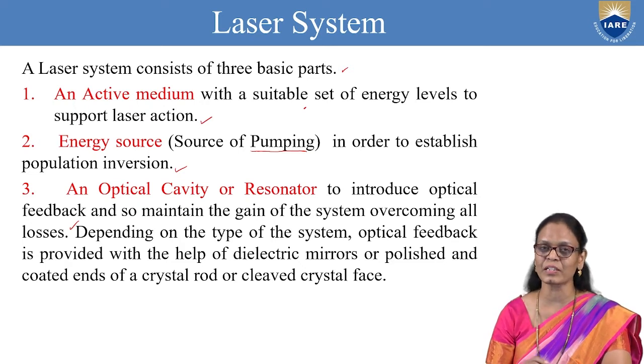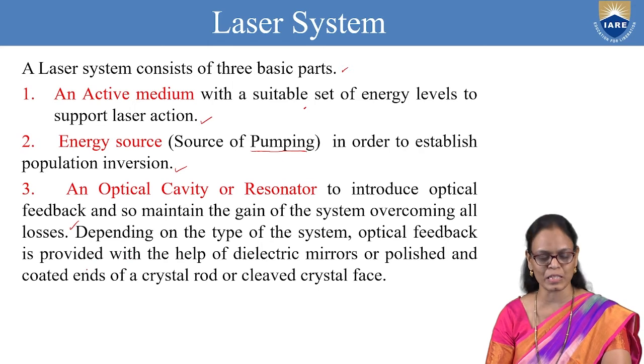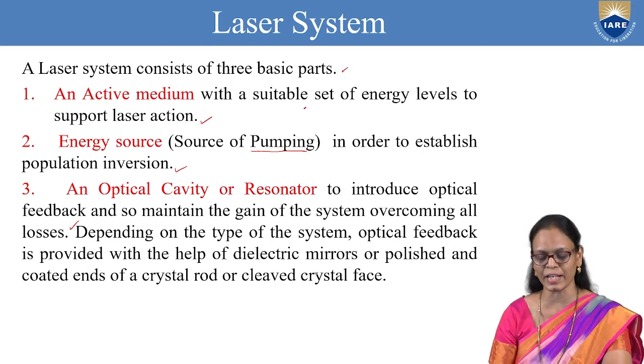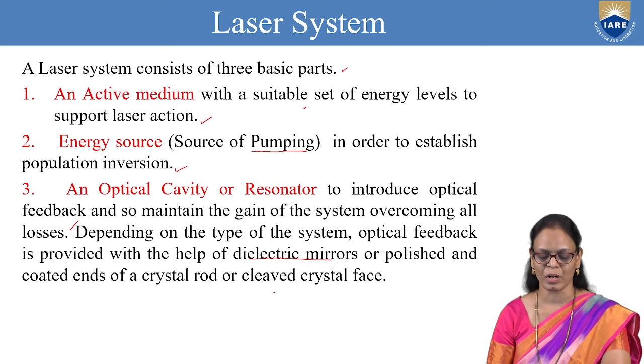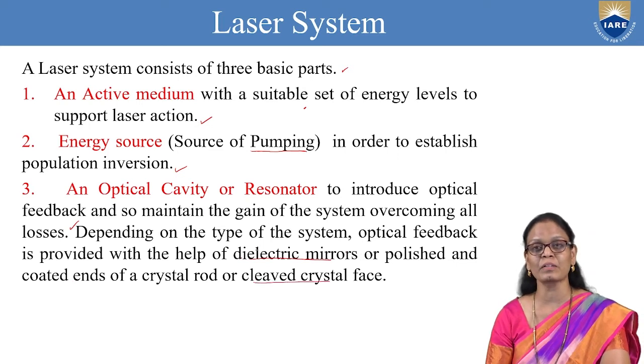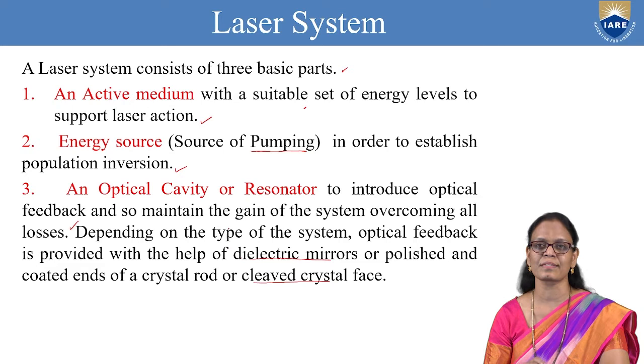But even after that, when you have an optical system where there is optical feedback, due to multiple collisions and reflections, the energy will be supplied in a continuous manner. So when this optical feedback is provided with the help of dielectric mirrors or polished coated ends, we will be able to achieve the laser.